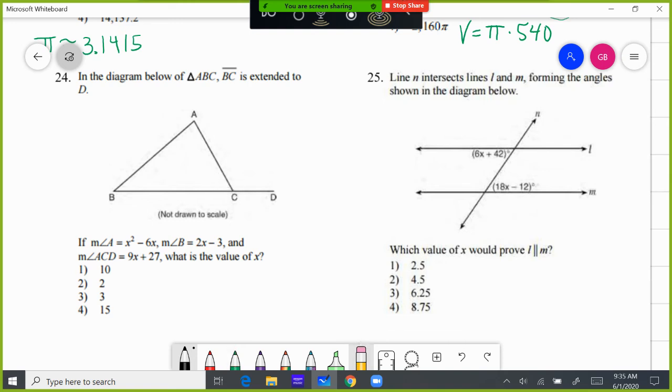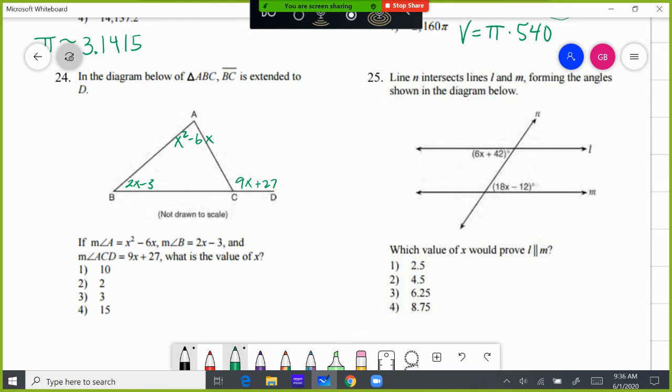If A is x squared minus 6x, B is 2x minus 3, and ACD, so this on the outside you have 9x plus 27. What is the value of x?